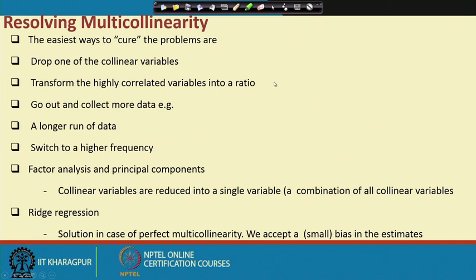Last but not least, we can use stepwise regression. Stepwise regression is the last step where we solve the multicollinearity problem, but in the first instance you try to apply all these possible techniques: dropping collinear variables, increasing the sample size, changing the functional form, transforming the data into high frequency data, decreasing the sample size, applying different methods like factor analysis, and applying different structures like ridge regressions.